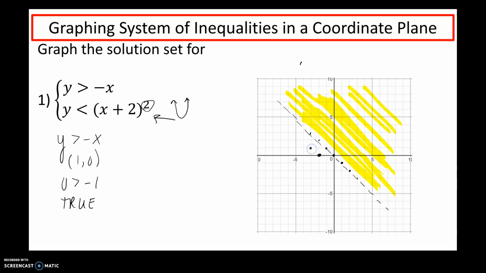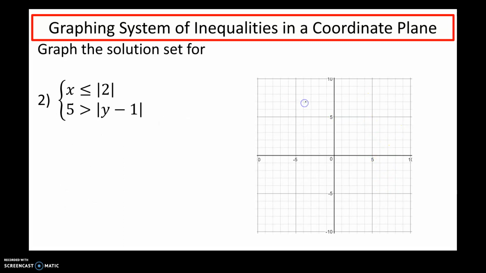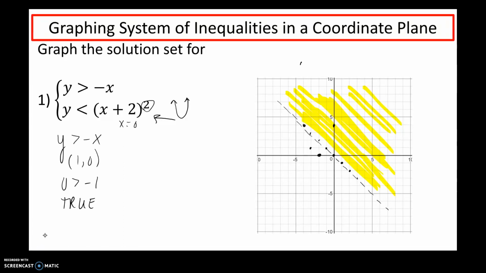And then your y-intercept, if I make x equal to 0, 2 squared would give me 4, so my y-intercept is 4. If I want to get another point on the graph, using my line of symmetry, I'm going to have that point on the graph of the parabola. It has to be a dashed boundary.